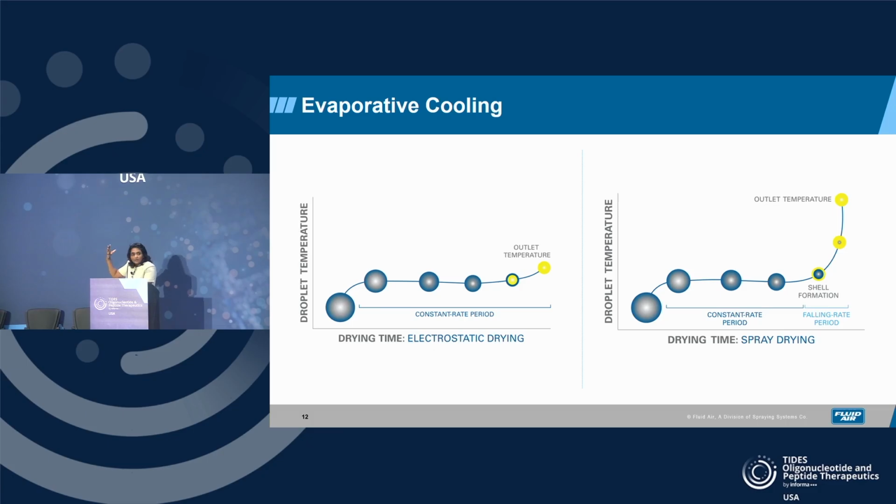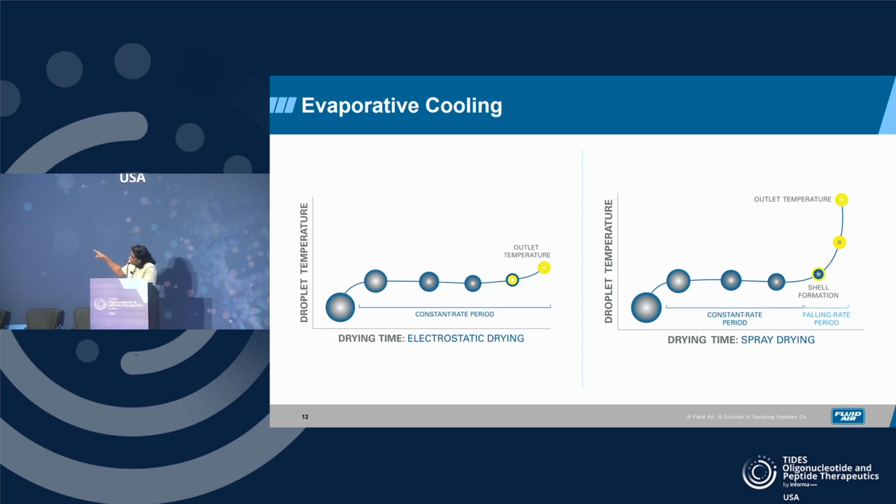So the temperatures are high, they continue to dry, those need to be hot enough to dry the moisture trapped inside that partially dried droplet with the shell. With the electrostatic drying on the left, what you see is that the solids are inside the droplet, while the blue layer is the evaporative cooling that you're seeing as the droplet is drying.